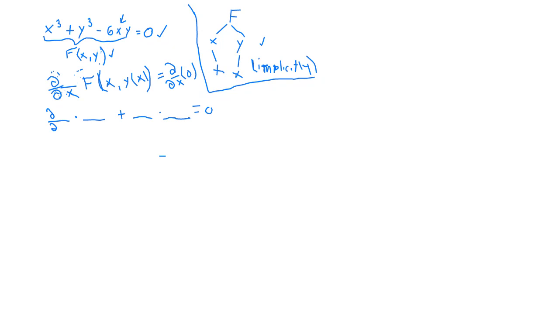Partial of blank with respect to blank. I think we know the bottom is x. What's going to be in the top? Good. And incidentally, we can put over here, while we're at it, the partial of f with respect to what? With respect to y. Good, good.